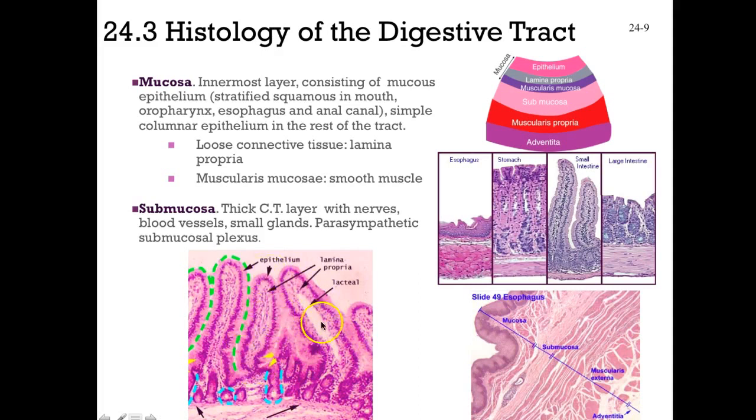And within the villi, we have blood vessels and lacteals. Lacteals are lymphatic capillaries that contain lymph within them. It's more of a fatty lymph, and fat shows up white because it can't pick up the dyes. And so that's what we're seeing over here, is that fatty lymph being pulled away from the villi.